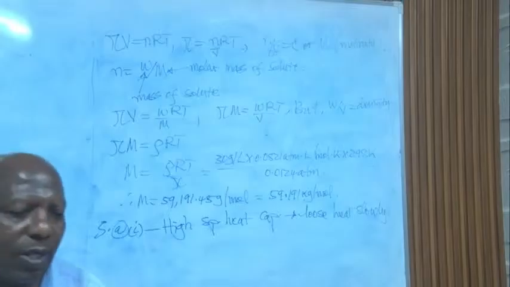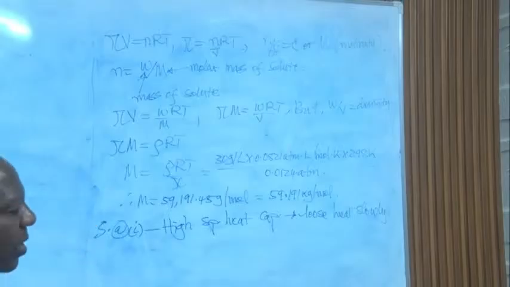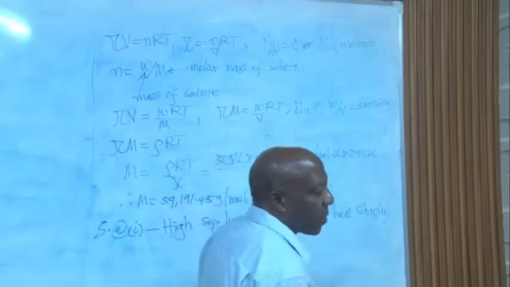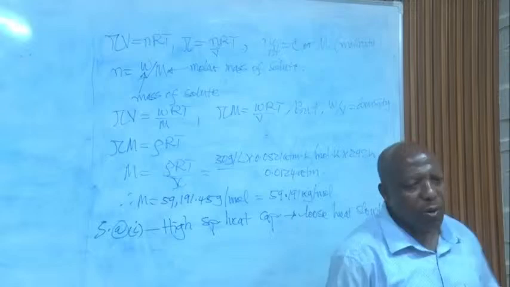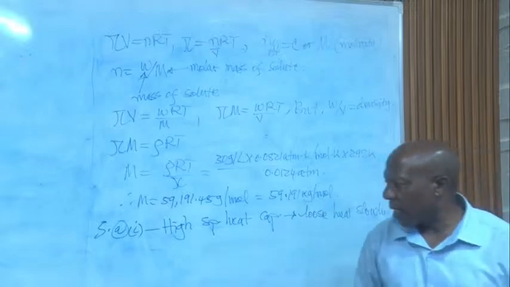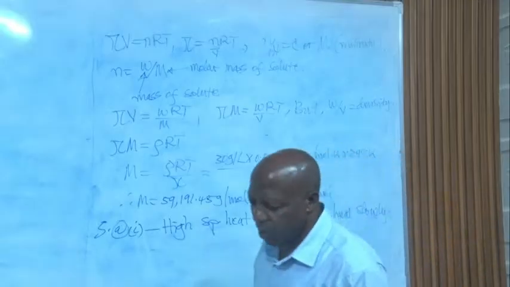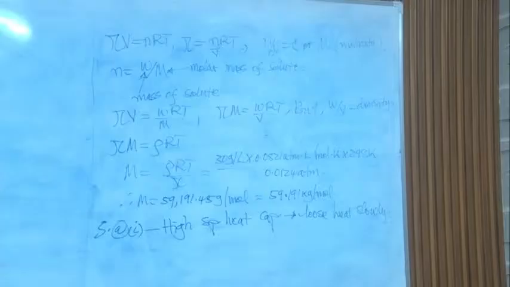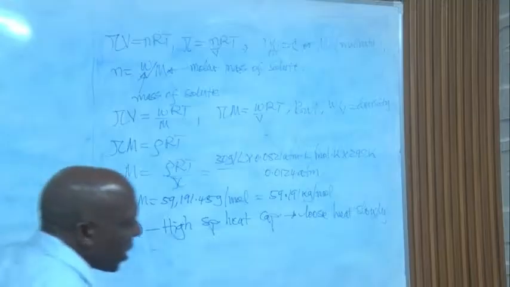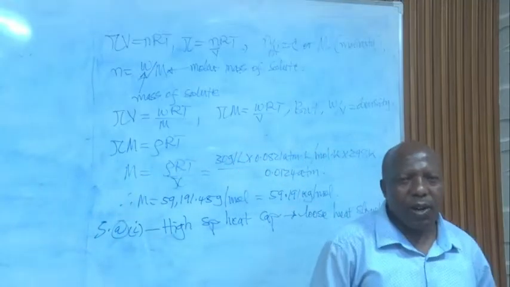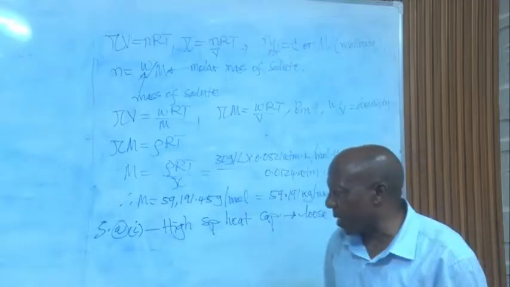For example, wooden materials are good insulators. Why? Because of their high specific heat capacities. So when you are an engineer designing building material, you have to consider the specific heat capacity of the material. And if you are planning to manufacture, for example, cooking vessels, you also have to consider the specific heat capacities.